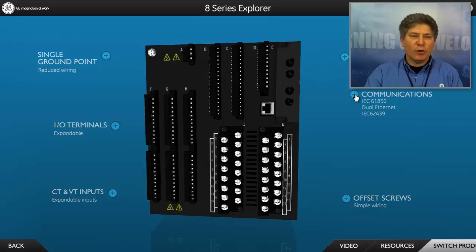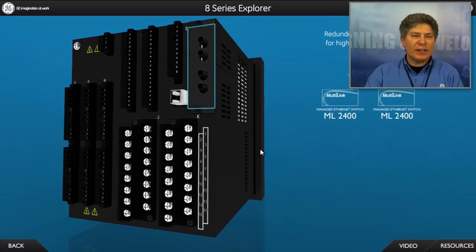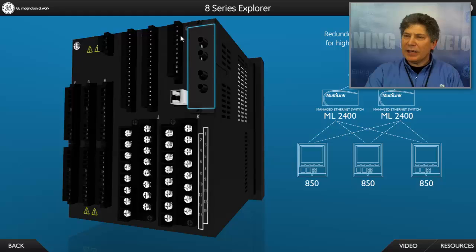From a communications point of view, now we're dealing with IRIG-B for time synchronization, RS-485. We have copper connections for our communications, and also 2 pairs of fiber optic connections.